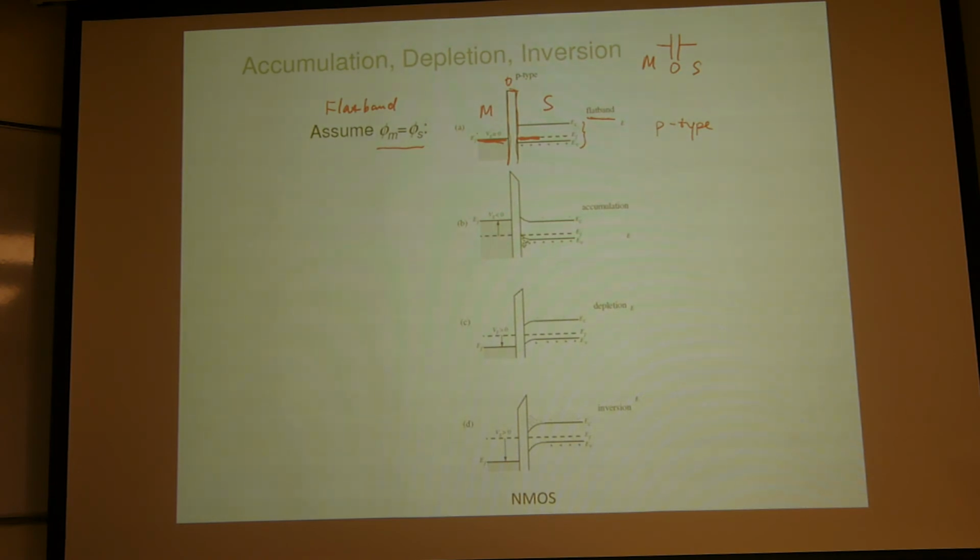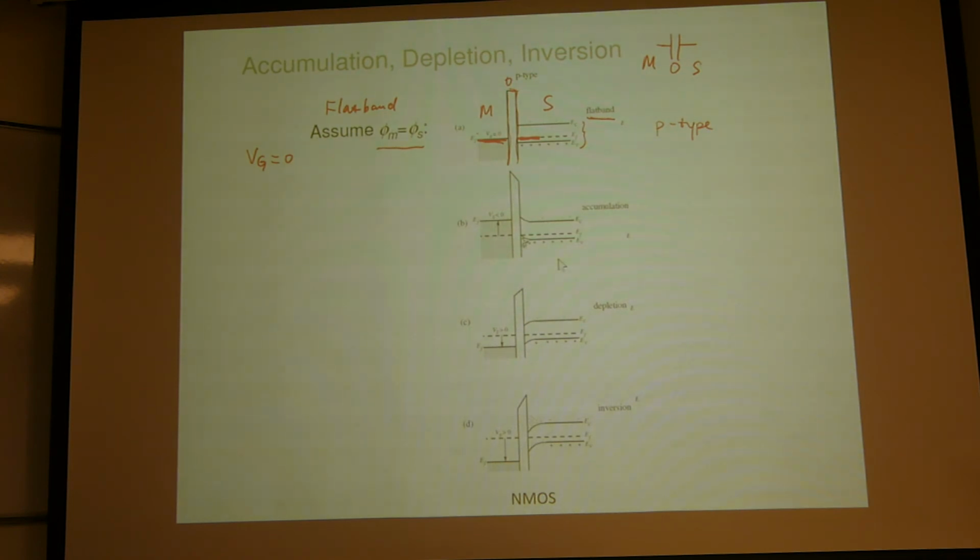Previously in the p-n junction, no matter p-type or n-type, you have a single flat Fermi level. In this MOS structure, similarly, the metal and the semiconductor will have the same Fermi level. So this is a flat band without voltage, so the gate voltage equals 0. Of course, this happens under the condition phi m equals phi s. There's no built-in potential here.